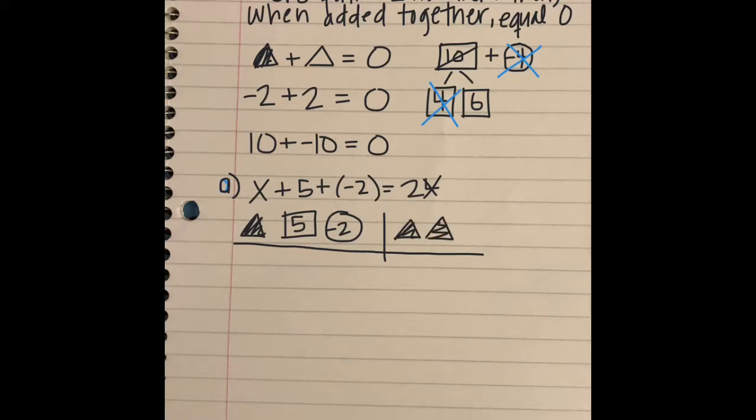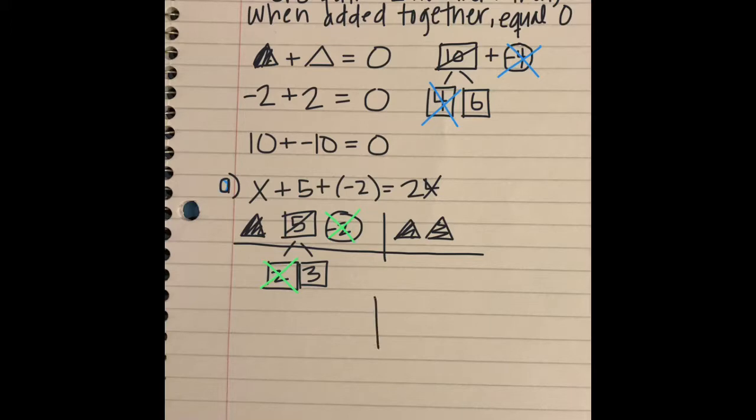So the first thing I'm going to start to look at is the fact that I've got these two numbers, and I know that I can cancel some of them out because I know when I've got positive numbers and negative numbers, if I can make a zero pair, I can cancel something out. So I'm going to take my 5 and rewrite it, decompose it into two numbers, 2 and 3. And that allows me to cancel out a zero pair of -2 and +2.